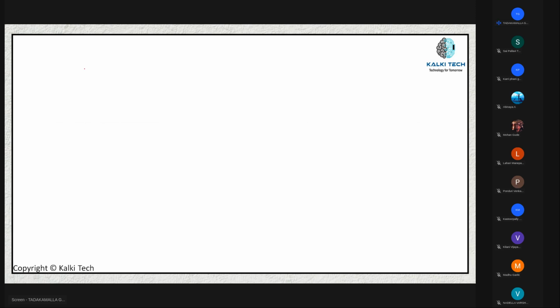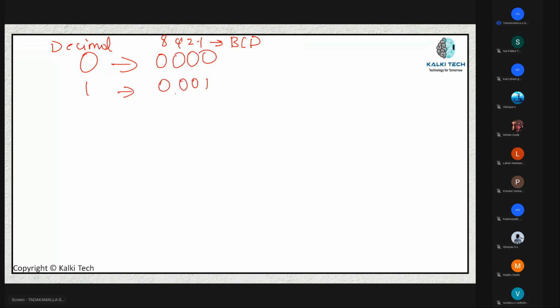Let's say we have the decimal number 0. What is the BCD code for it? It is 0000. You can follow 8421 for writing the BCD equivalent. This is your decimal number on the left-hand side, and on the right-hand side you have the BCD equivalent. For one it is 0001, for two it is 0010, and so on.